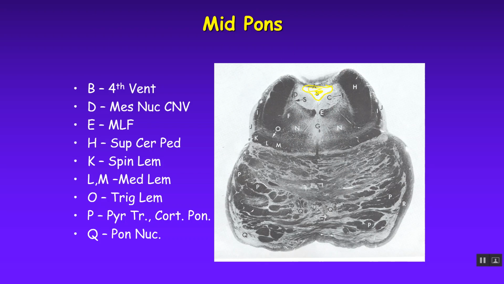D, this little guy right here. This is the mesencephalic nucleus of cranial nerve number 5, although we're not in the mesencephalon. You're seeing the tail bottom edge of the mesencephalic nucleus of cranial nerve number 5, which is actually up in the midbrain, okay?